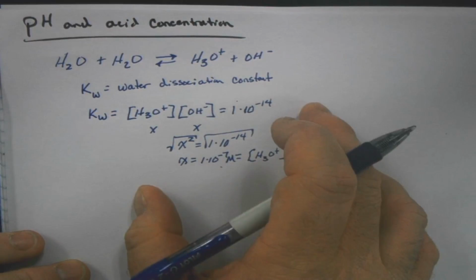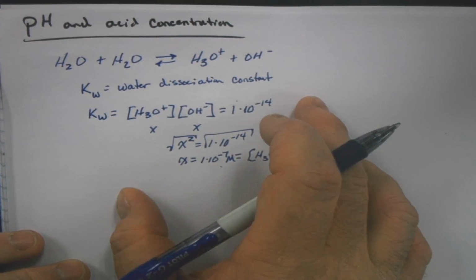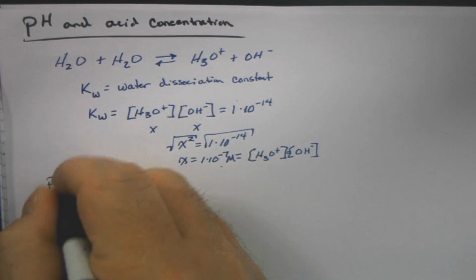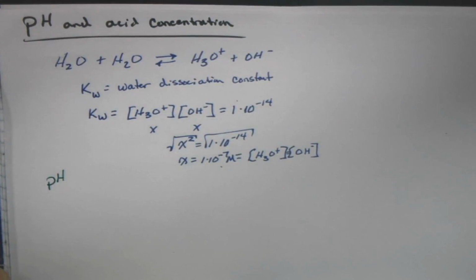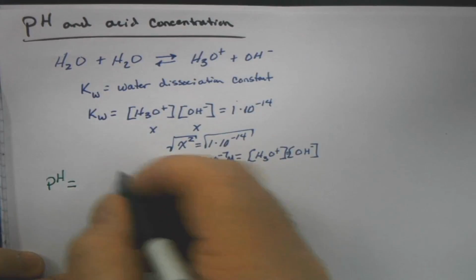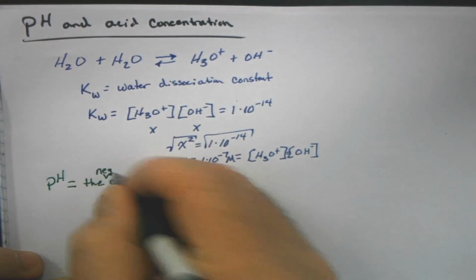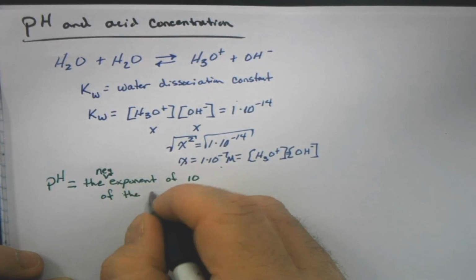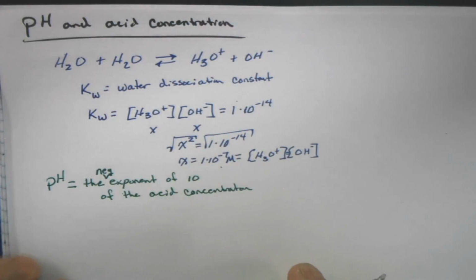From this, we establish a new way of describing how acidic something is. And we call it pH. All right? pH is equal to the negative exponent of 10 of the acid concentration.